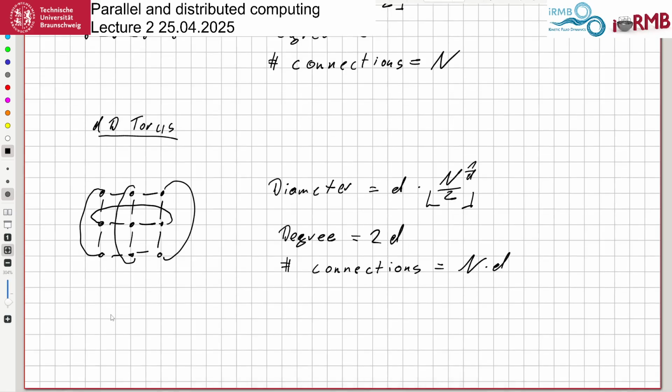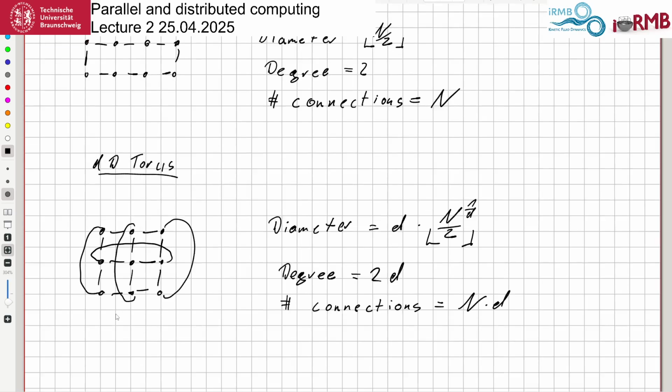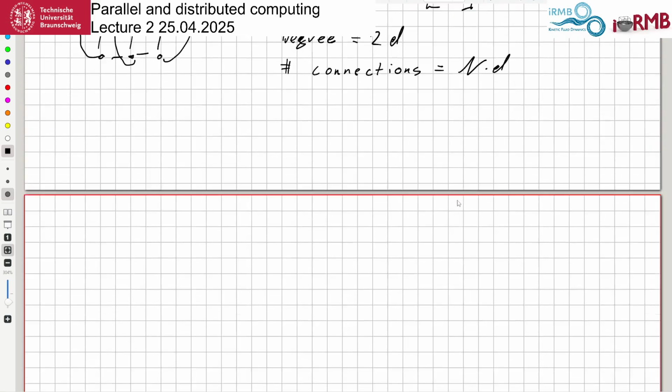So then there is one other important network to consider, and I'm going to the next page. This is the d-dimensional hypercube that has n equals 2 to the power of d nodes.